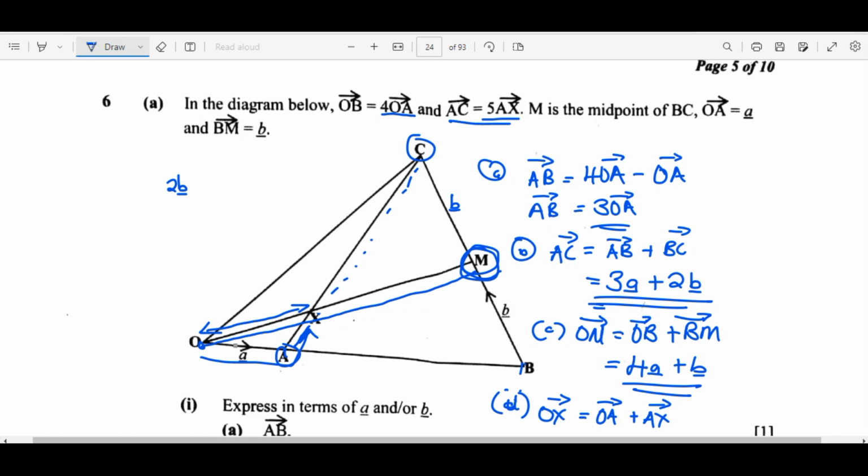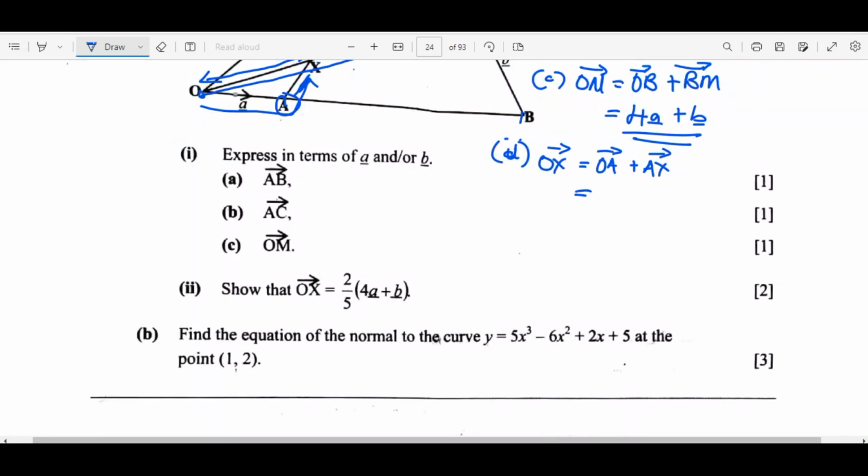So we're going to utilize that one. So here we're going to say AC is equal to 5AX.